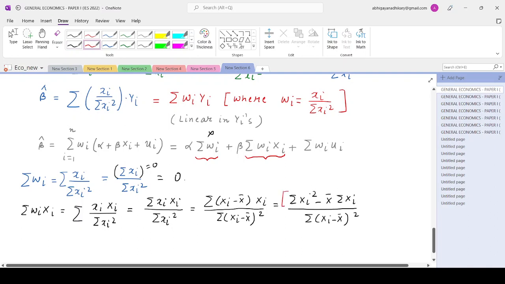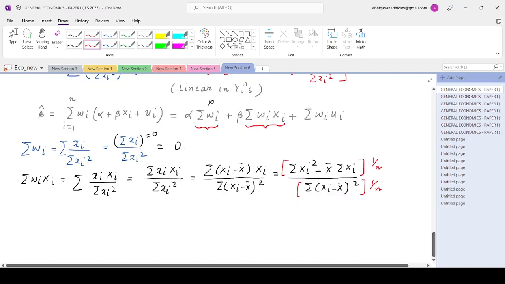If you multiply the numerator and denominator by 1 by n, you can easily understand what this will be. So this will be basically 1 by n summation capital Xi square minus x bar whole square, right? Because 1 by n will go with summation xi and that will become x bar whole square. And on the denominator, you'll have 1 by n summation capital Xi minus x bar whole square. These two are essentially the same, right? One is the reduced expression of the other. So this is basically 1.